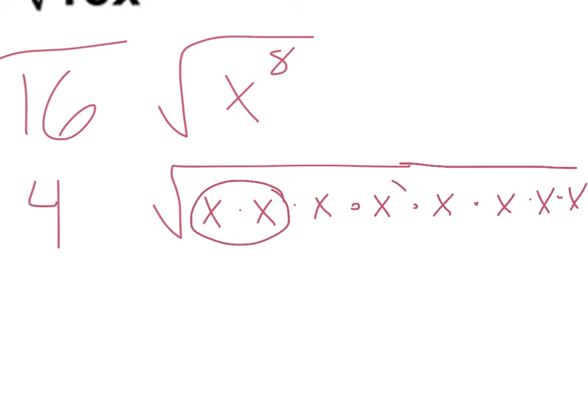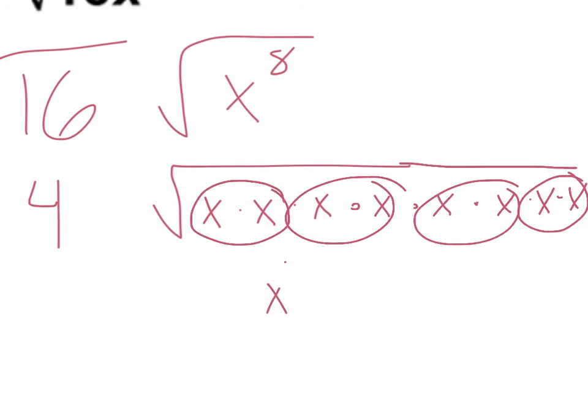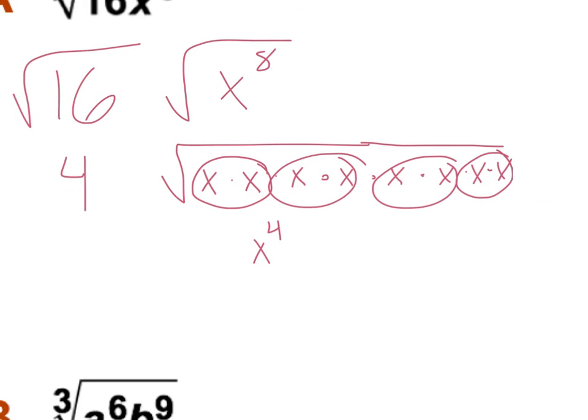So we have 1 pair, 2 pairs, 3 pairs, 4 pairs. So what do you think is going to come out? If we have 4 pairs, x to the 4th. So 4 x's are going to come out, so we have x to the 4th that comes out here. So our final answer here would be 4x to the 4th.